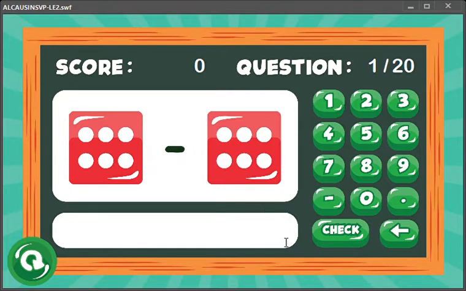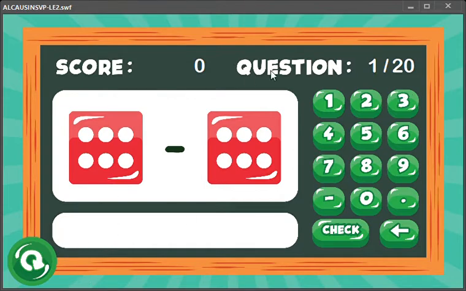On this area right here, this is where your answer is going to be typed in. I mean, you're not going to type it, but as you click on the buttons, it's going to show itself there. Here at the end of the answer box, it's going to show if your answer is correct or wrong, with a check mark or an X mark.